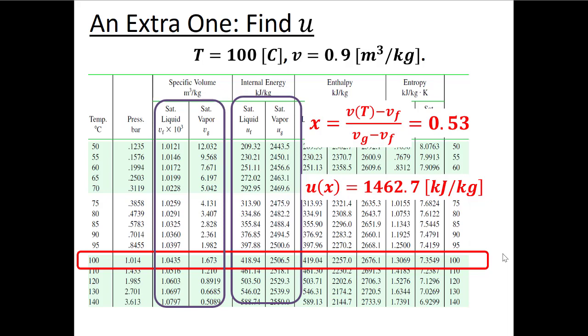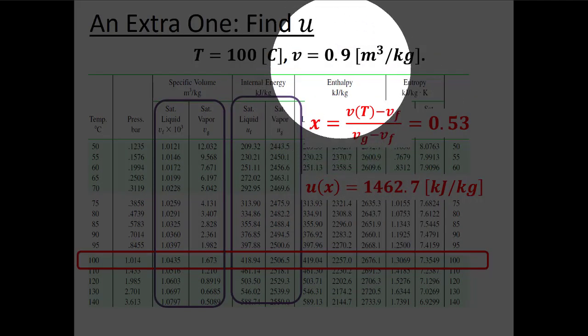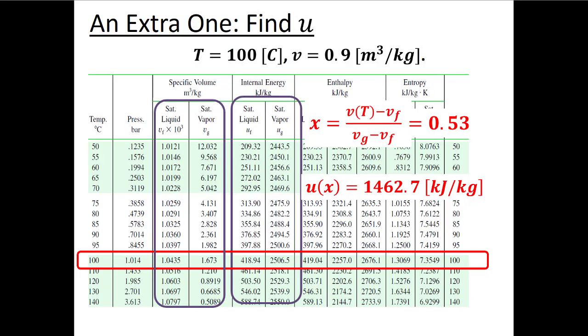Like this last example we did, where we were given the specific volume and had to find the quality. So it's a different wrinkle. If you look through, I think we tried to select the homework problems so that you see the different wrinkles that you might need to see.